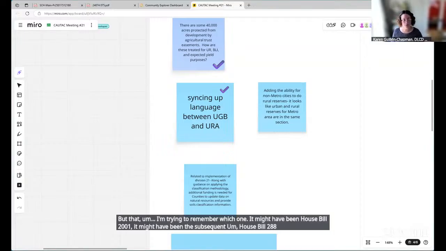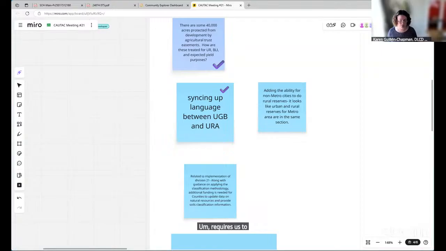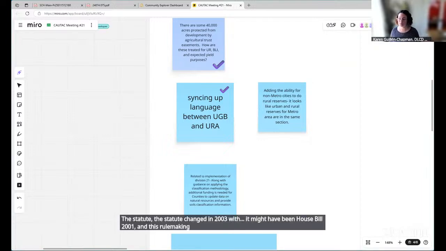Regardless, the 2023 OHNA bill requires us to separate out urban reserves as the first hierarchy alone. So you're right, Martha, the rules are not in alignment with the statute. The statute changed, and this rulemaking is to bring the rules in alignment with that statute. So we don't get to choose, but there was a legislative bill that tells us we now need to separate that out in rules. So thank you for mentioning that.